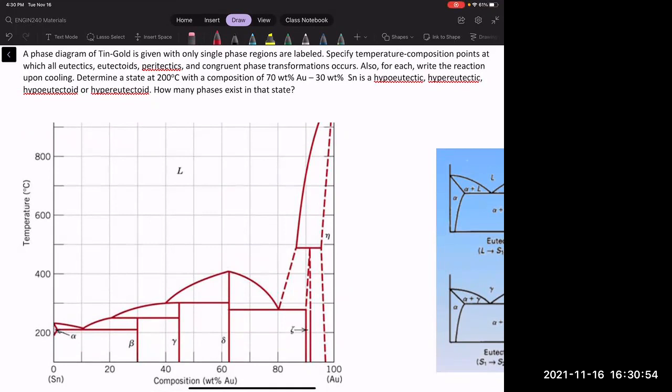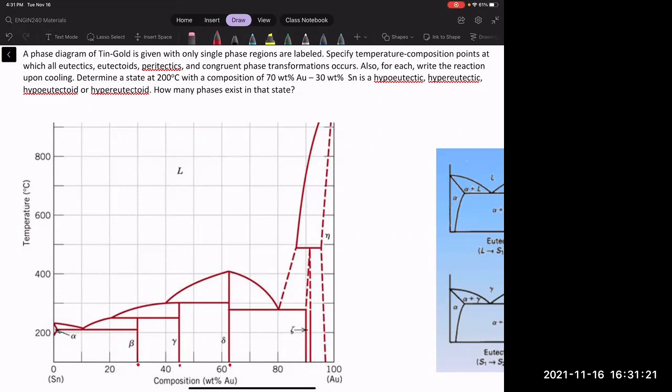It is complicated because for this system you have some intermetallic compounds. So all of these here represent intermetallic compounds. An intermetallic compound is a composition of the gold and also the tin, and it has a different number of moles.